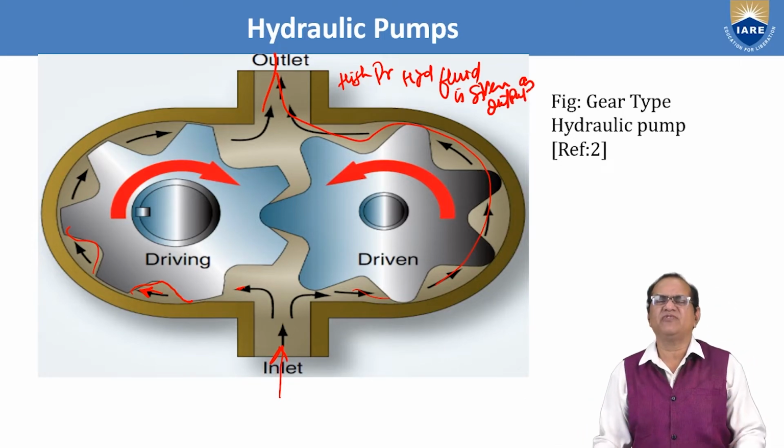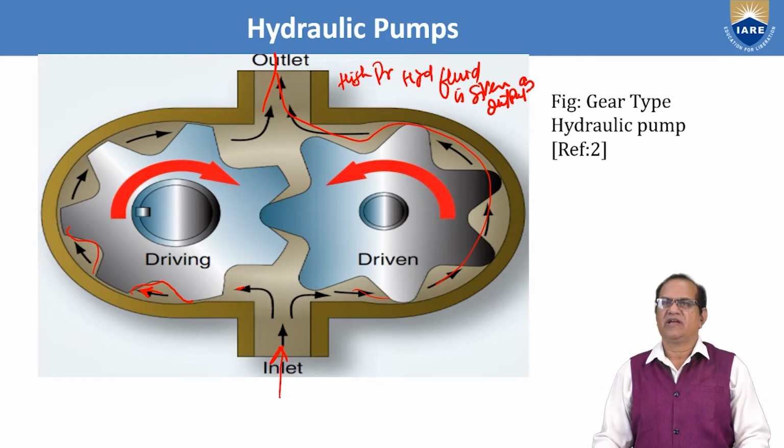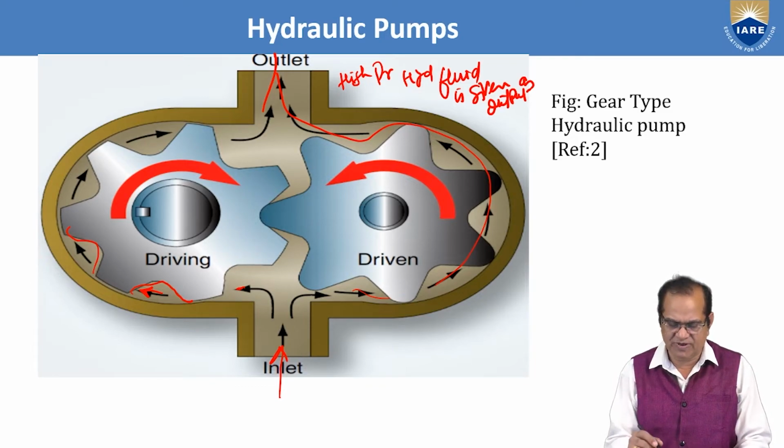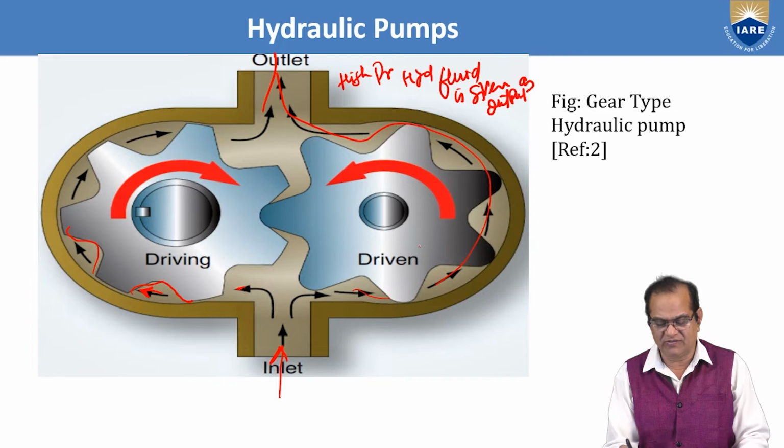So most of the time we use the gear type of fluid pump, which I have shown you here, and the basic principle is what I have just now explained. There is a driving and this is the driven.